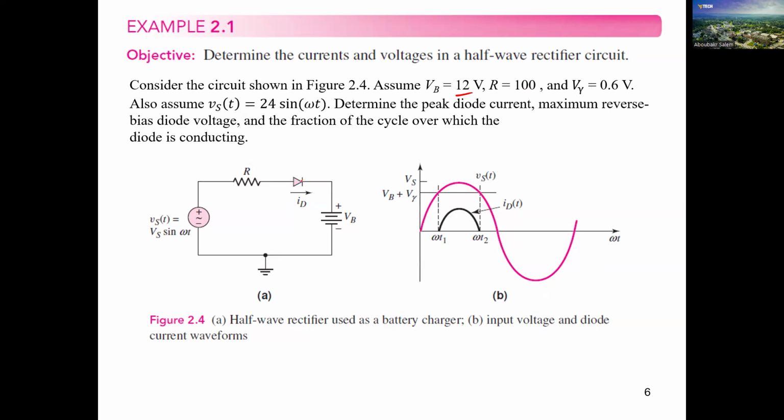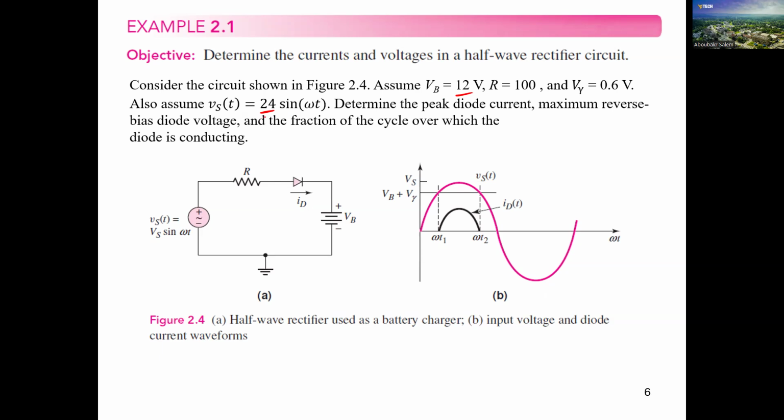And we have a diode, as you can see here. Also, this diode is given V gamma equals 0.6 volt. And we assume that the supply volt is 24 sine omega t, so this means the peak value is 24. The RMS equals 24 divided by root 2. Okay? So, this is our circuit.